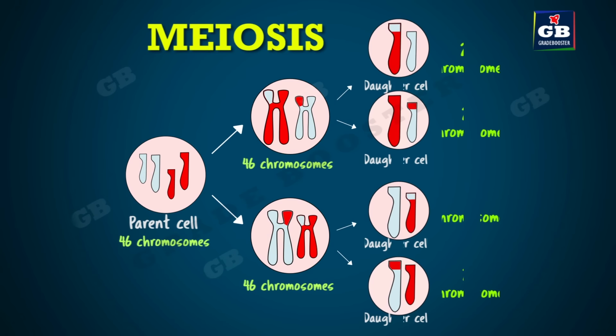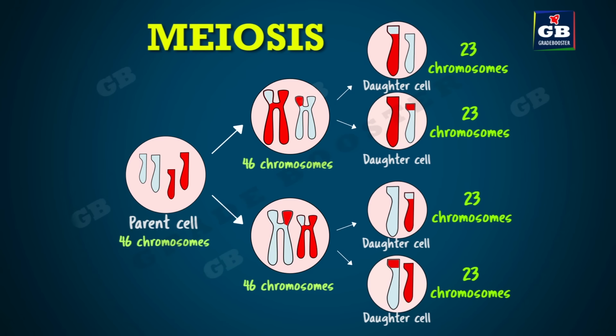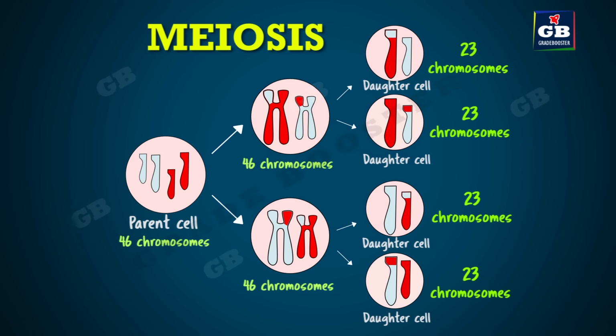These two daughter cells divide further and produce 4 daughter cells. These daughter cells will have half of the chromosomes as compared to the mother cell. That means if the mother cell has 46 chromosomes, finally the daughter cells have 23 chromosomes each. So, in meiotic division, the number of chromosomes reduces to half.